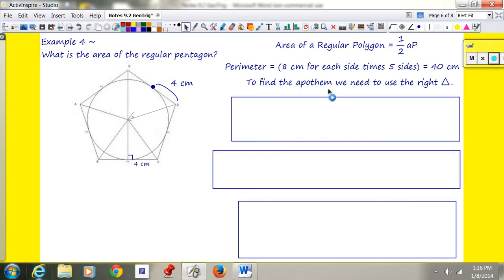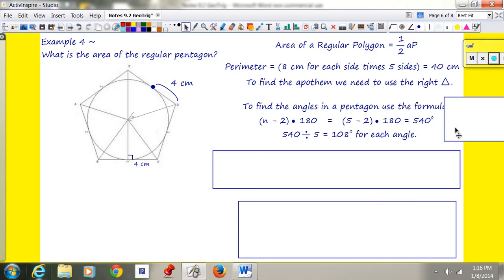To find the apothem, which is our little a, we need to use the right triangle down here at the bottom. This is a right triangle, so we need to fill in pieces that we know. To find the angles in a pentagon, which is from another chapter, you probably remember, we use the n minus 2 times 180 formula. 5 minus 2 times 180 is 540 degrees.